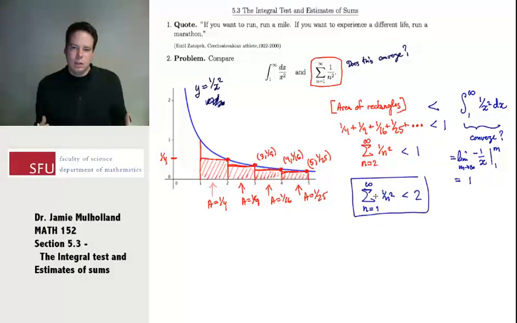Well, one condition is if our sequence is bounded, so all the terms are smaller than some value and bigger than some other value, and the sequence is monotone, meaning it's either increasing or decreasing, all the values getting bigger than the previous ones or getting smaller. So if it's bounded and monotone, then it converges.